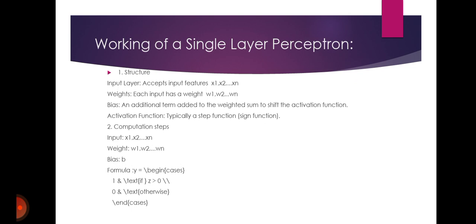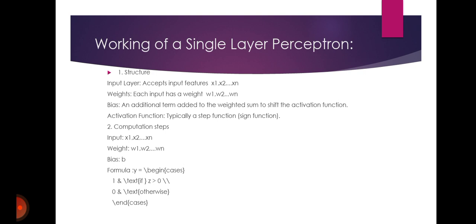Working of the single layer perceptron. Structure. The input layer accepts the input features x1, x2, xn. Weights. Each input has a weight w1, w2, wn. Bias. An additional term added to the weighted sum to shift it. Activation function.